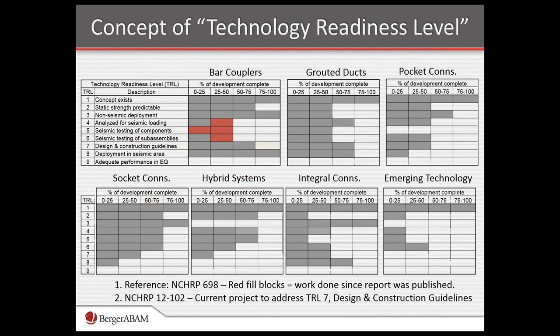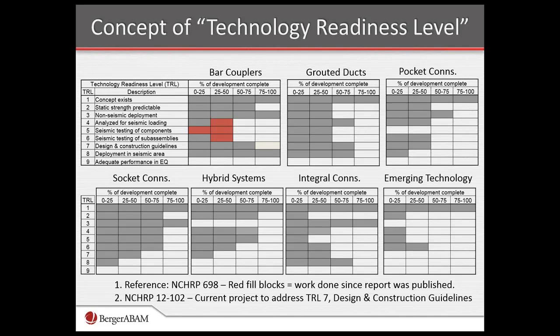And so I'd like to wrap up the presentation here with a concept which we've termed technology readiness level that was actually adopted initially from NASA. And the idea as applied to accelerated bridge construction here is you've got TRLs, or technology readiness levels, starting from 1, which is the concept exists, all the way up through 9, which is we've had adequate performance in a design earthquake.